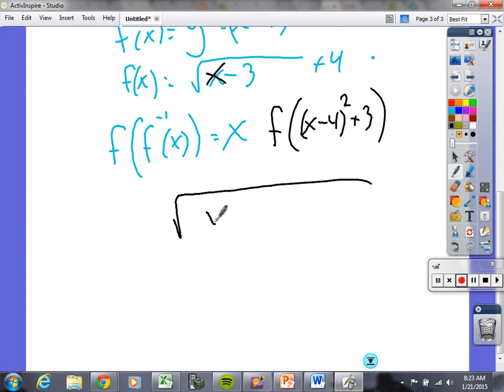So I'm going to put x minus 4 squared plus 3, with parentheses around it. That's the x, correct? Minus 3. And then we have this plus 4 outside. Does everybody see what I just did there? I inserted the f's inverse back into f's function. Okay? Everybody okay?